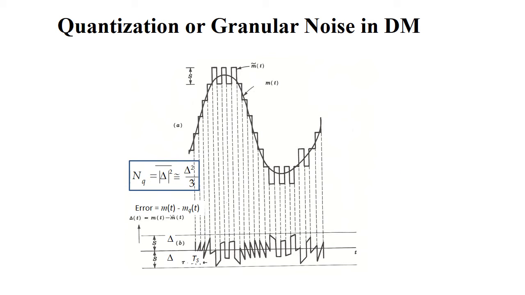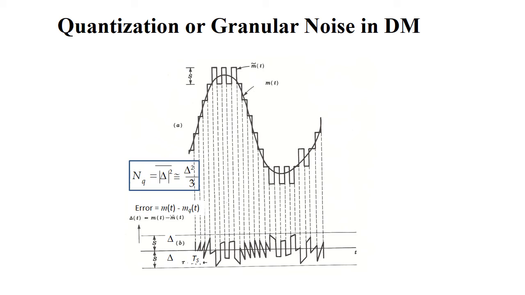So next one is quantization or granular noise. It is also known as hunting. The granular noise occurs when the step size is too large compared to the small variations in the input signal. For very small variations in the input signal, the staircase signal is changed by a large amount of delta because of the large step size.